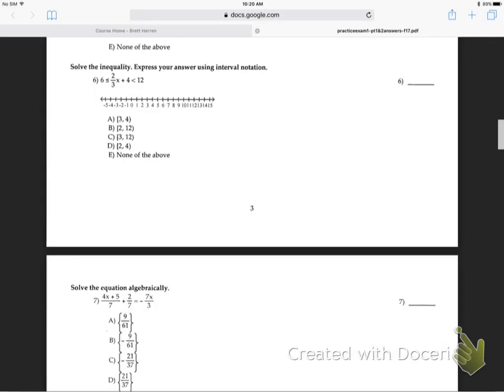So these are all in the part where you can use a scientific calculator, but not a graphing, right? So number 6: 6 less than or equal to 2/3 x plus 4 less than 12. All right, so what do we do for that thing? What do we do with fractions?